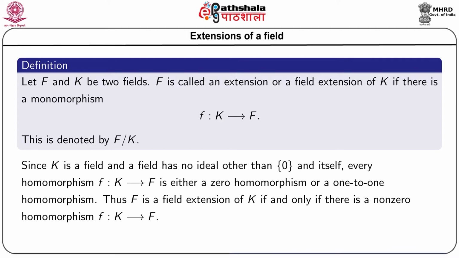Here we have a simple characterization of the monomorphisms f from K to F. Since K is a field and a field has no ideal other than 0 and itself, every homomorphism f from K into F is either a zero homomorphism or a one-to-one homomorphism, because the kernel of a ring homomorphism is an ideal.